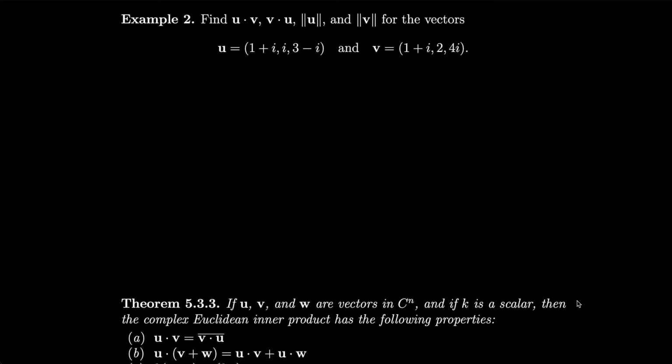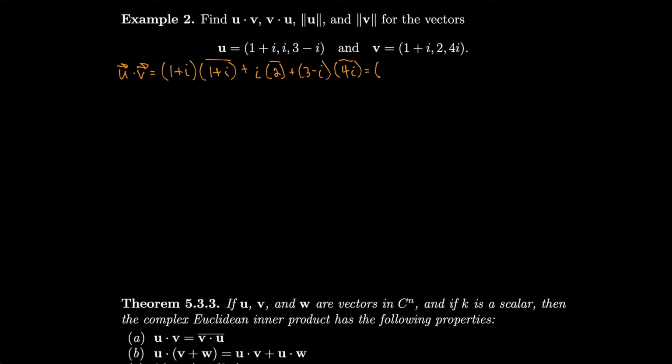Okay, so we'll first get u dot v, and that's 1 plus i times 1 plus i bar plus i times 2 bar plus 3 minus i times 4i bar.